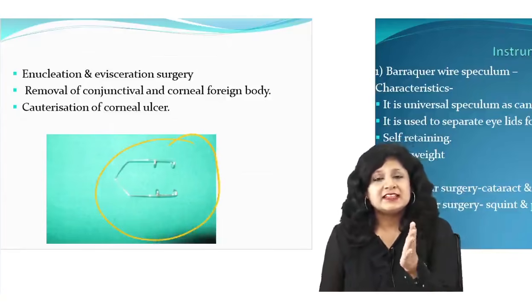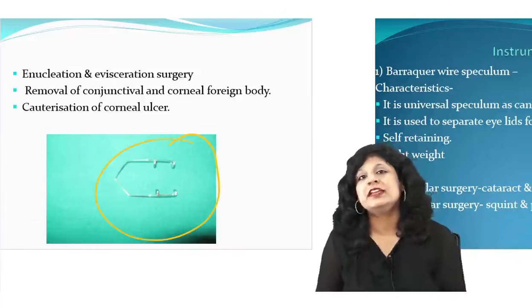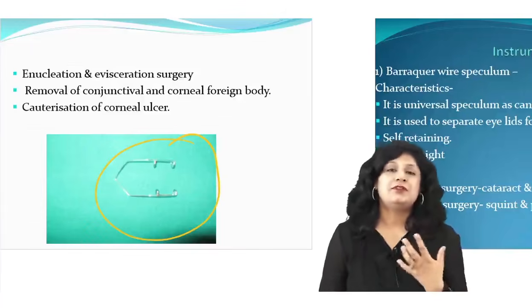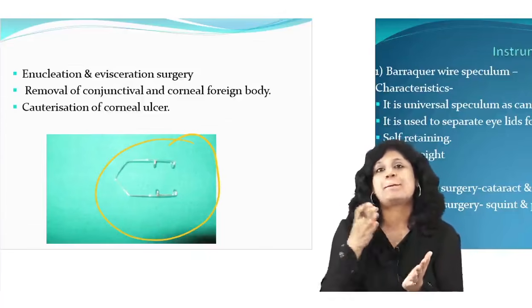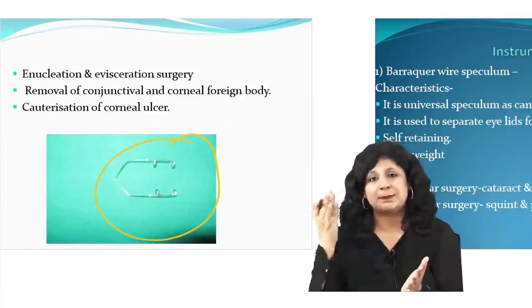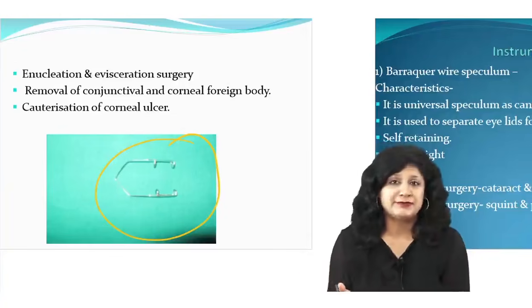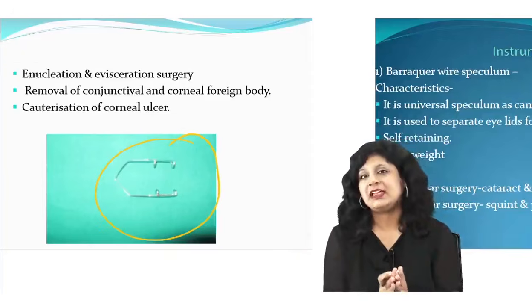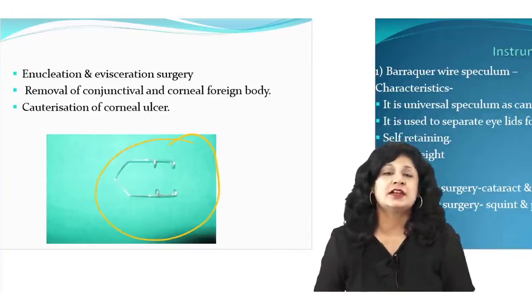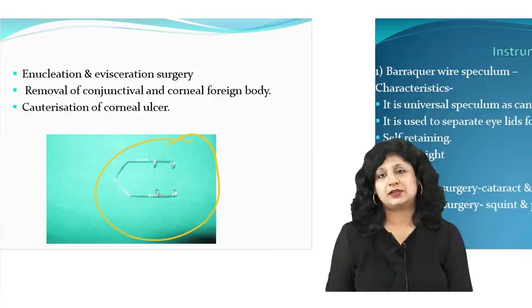The reason why it is called universal is that when we use other speculums we have to use separate ones for the right eye and for the left eye. But this speculum can be used in either eye.